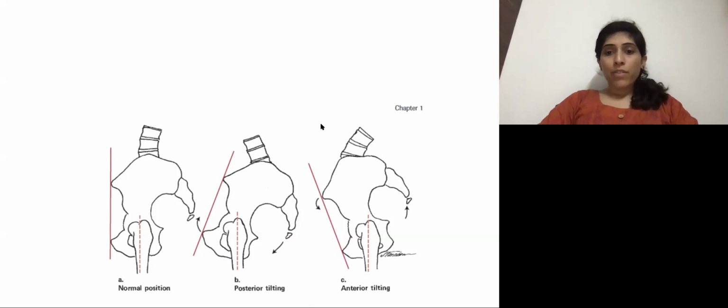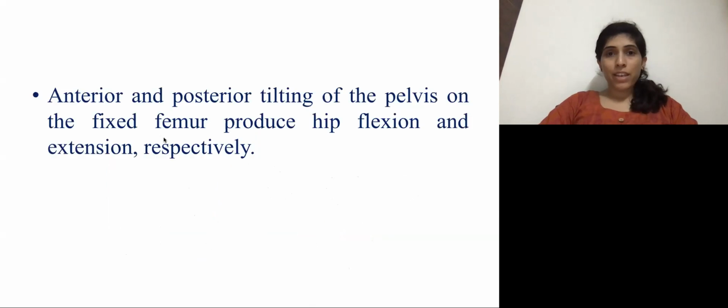During the anterior pelvic tilt, the arrow indicates that the sacrum is moving in the upward direction, and the ASIS moves in the forward and downward direction. This occurs during anterior pelvic tilt.